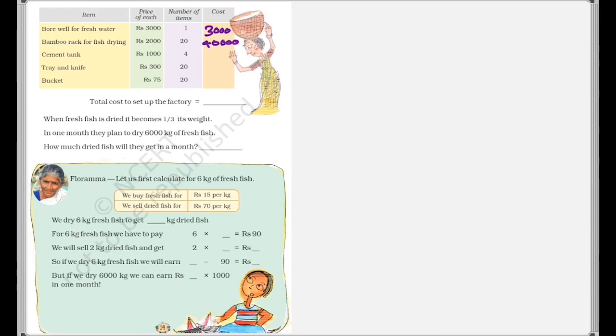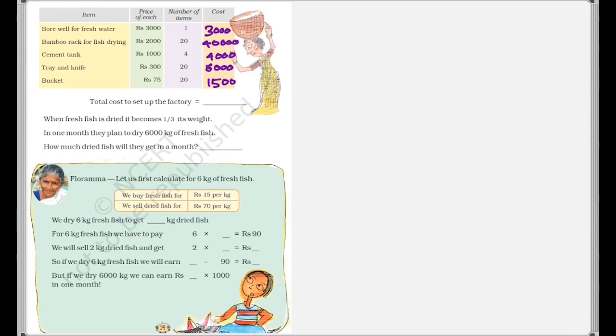Now cement tank, 1,000 for one and 4 are required, so this will be 4,000. Then we have tray and knife, rupees 300 for one and 20 are required, so this will be 6,000. And then bucket, 75 for one and total 20 are required, so 1,500 for this.